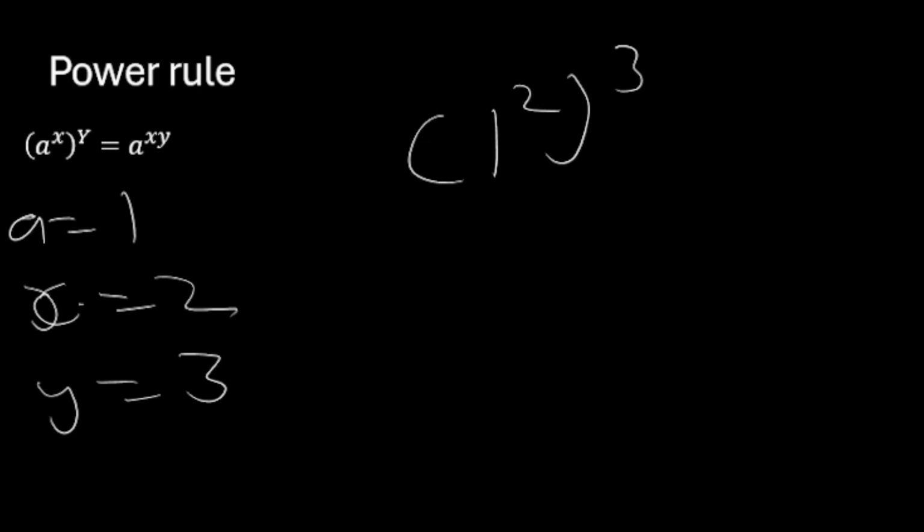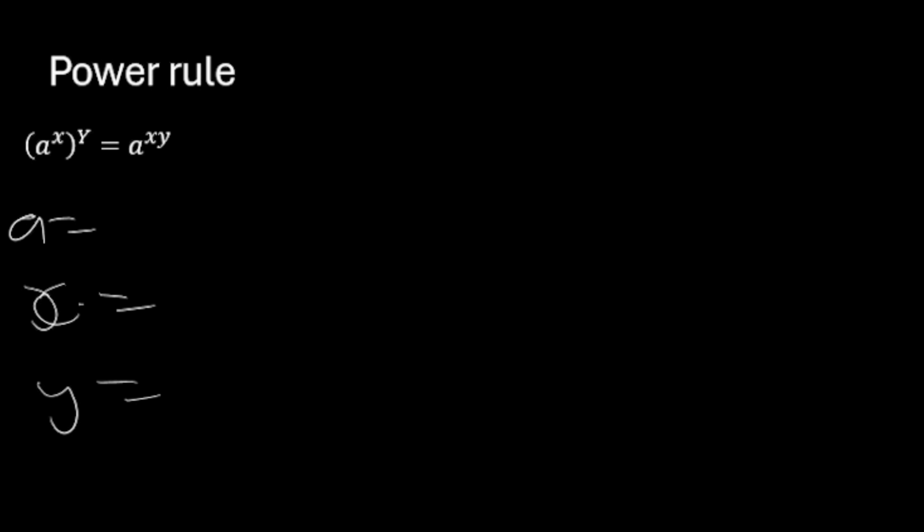So you're going to be multiplying the 2 times 3, since brackets show multiplication. So here it is 2 times 3, which equals 1 powered by the exponent 6. When you raise a power to another power, that's what you do. So let me give you a more advanced example.